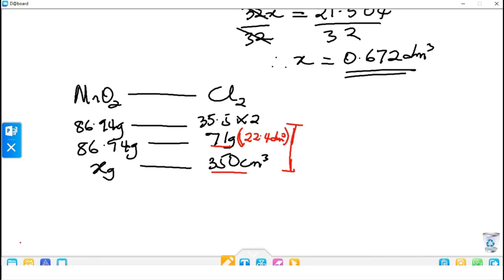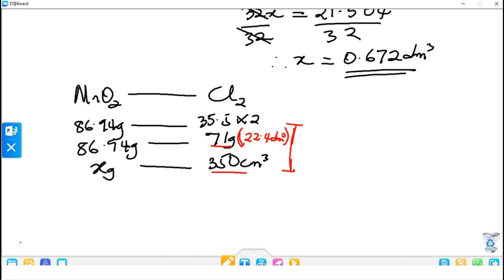We are now making it a mass-volume relationship. Since the question talked about the volume of chlorine, 350 cm³, we have to close our eyes on the mass of chlorine and focus on the volume. 1 mole of chlorine is 22.4 dm³.